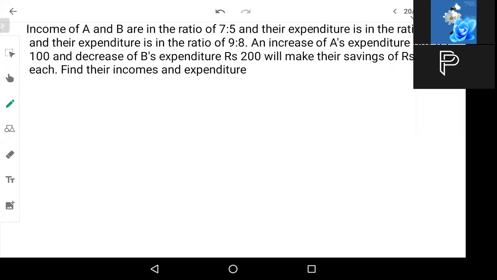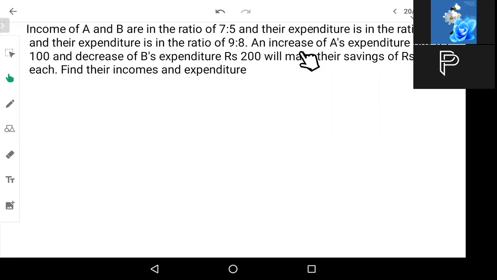Okay, good. Now, we'll solve this question also because I thought it is a little different one. So let us solve it in the class only. Now, income of A and B are in the ratio of 7 is to 5. And their expenditure is in the ratio of 9 is to 8.